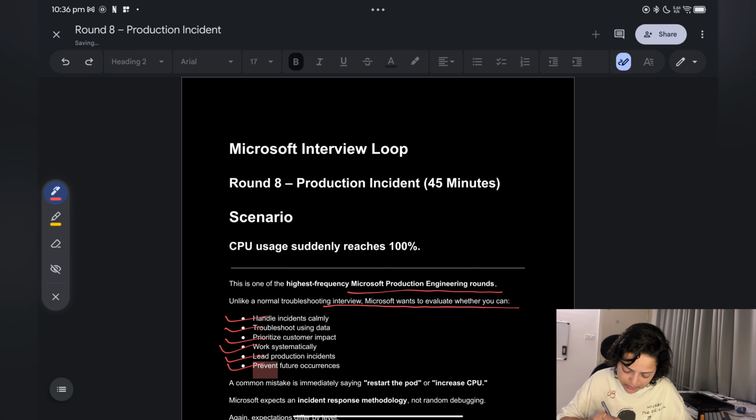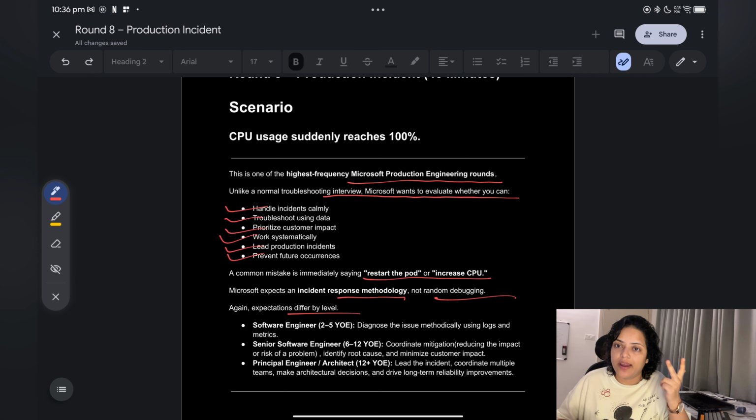Again, expectation differs by level. We will be seeing answers from three roles: software engineer, senior software engineer, and architect. A software engineer, with 2 to 5 years of experience, will diagnose the issue methodically using logs and metrics.